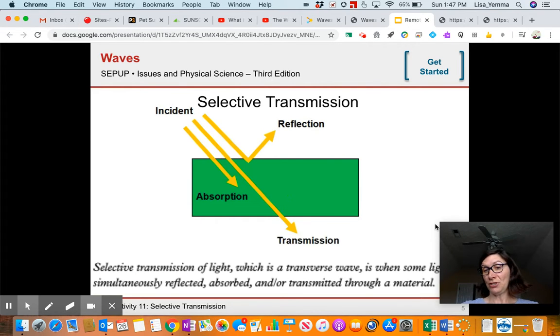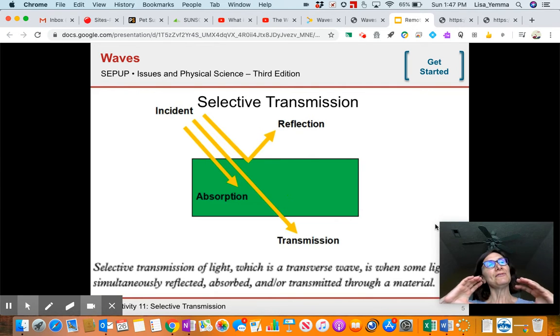Selective transmission in general is, on the bottom, I sort of summed up what we were combining those words. Selective transmission of light, which is a transverse wave, is when some light is simultaneously reflected, absorbed, and or transmitted through a material.